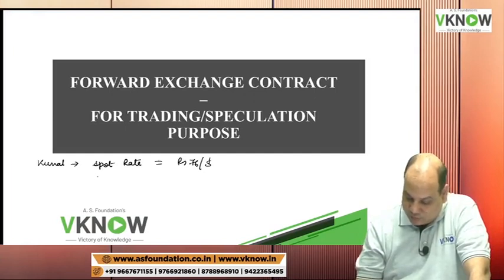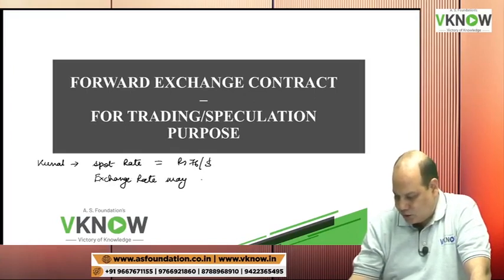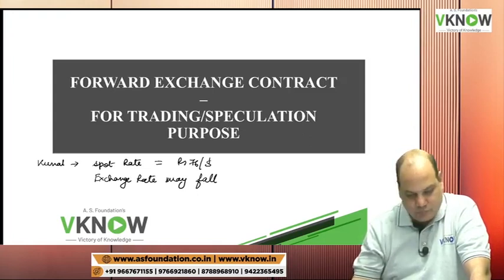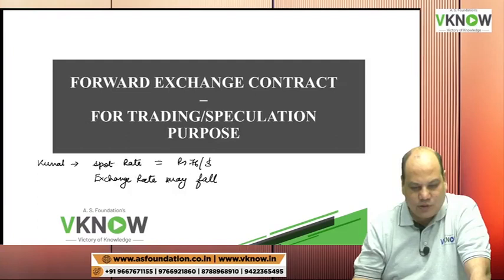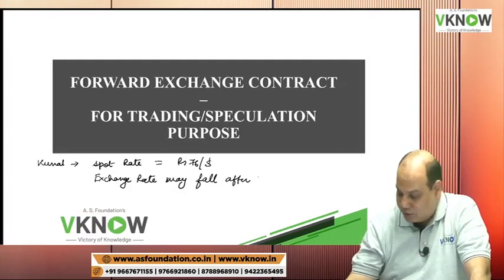Kunal is thinking that exchange rate may fall. Kunal is thinking that in India the dollar inflow has increased. The supply of dollar has increased so much in India that exchange rate will fall after 3 months. He has a different view.